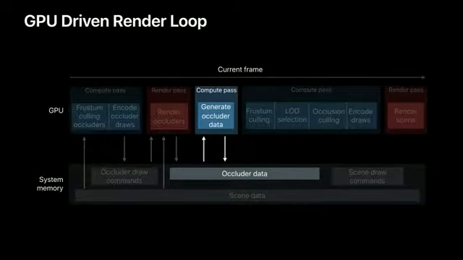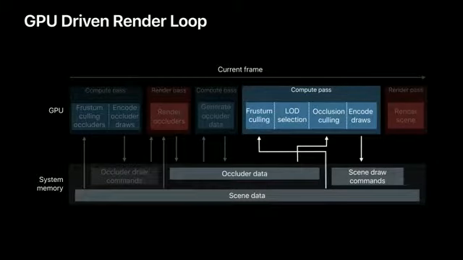We need one more compute pass for the operations we talked about, that is culling, level of detail selection, and for encoding of scene draw commands. So one thing to point out here is that occlusion culling here is no longer dependent on the previous frame's data. Required occluder data is generated for the current frame in the first two passes that we just talked about.